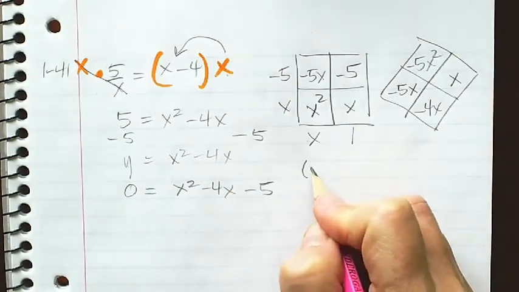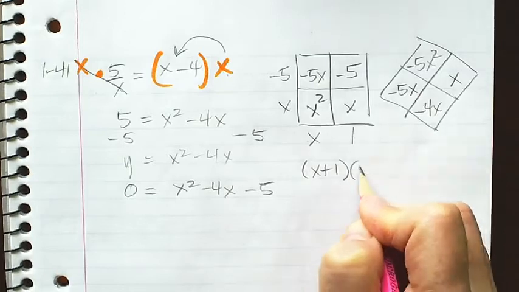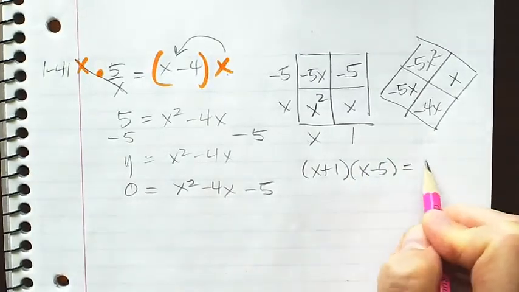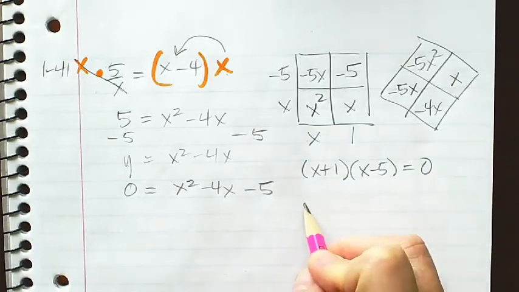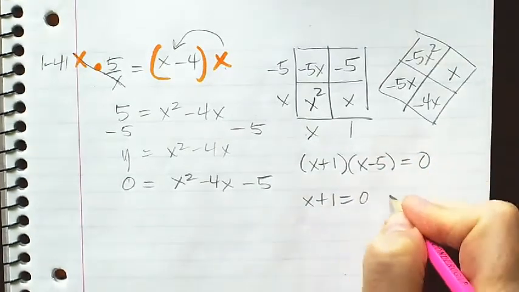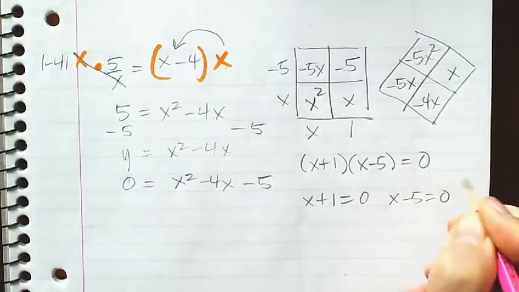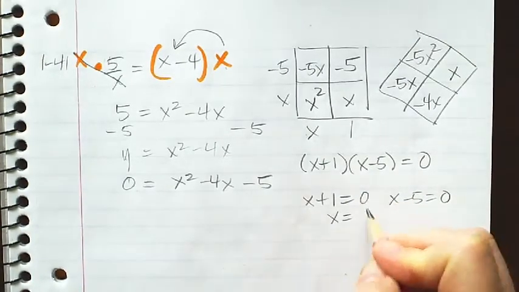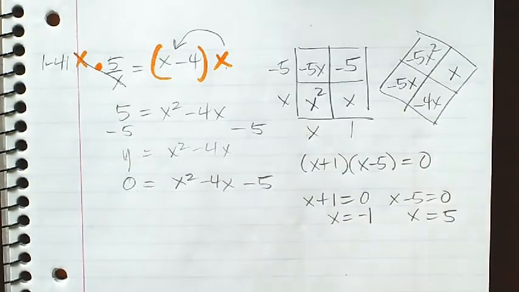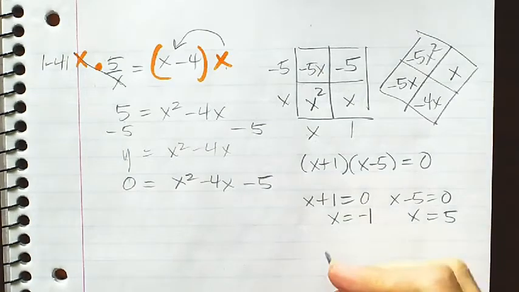So that's going to give me x plus 1 times x minus 5, and I'm going to set that equal to 0. So with the zero product property, x plus 1 equals 0, or x minus 5 equals 0. If I solve for x, that gives me x equals negative 1 and x equals 5. Those are your x-intercepts.